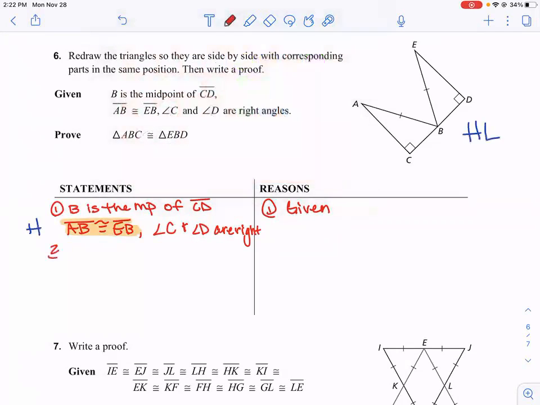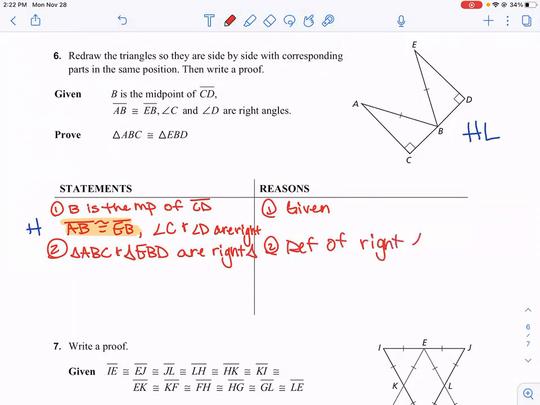We know that angle ABC and angle EBD are right triangles, because the definition of a right triangle is that it has a right angle. These triangles are right triangles. You have to have a statement that says it's a right triangle. Okay?